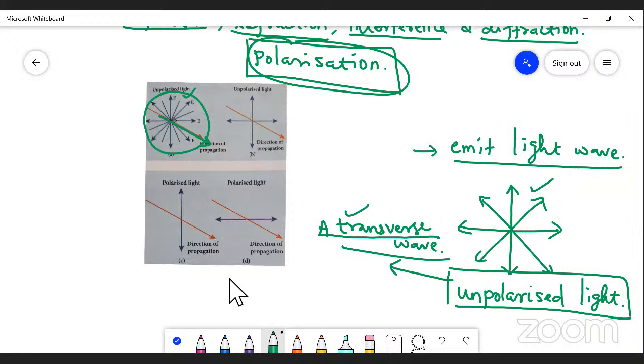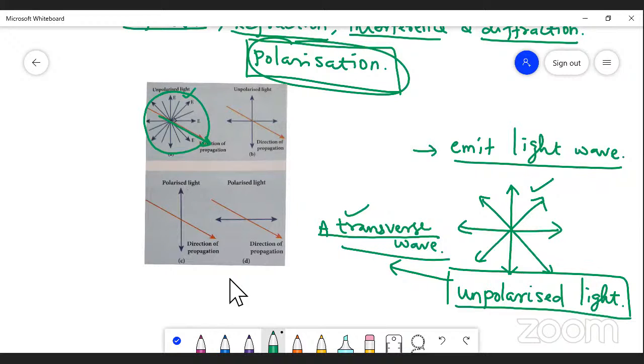Or otherwise, unpolarized light is a light which consists of vibrations of electric field in more than one plane. Which is called what? Unpolarized light. Right.